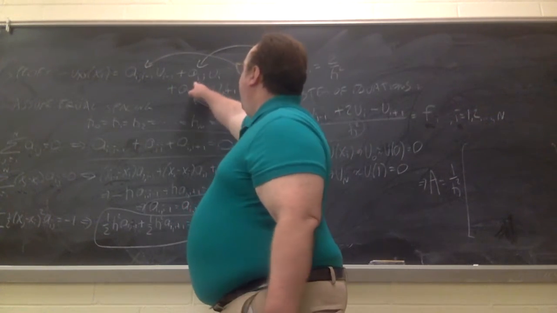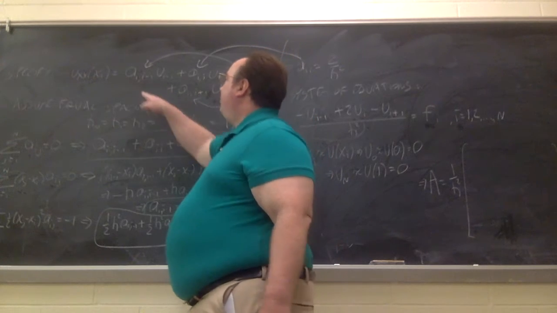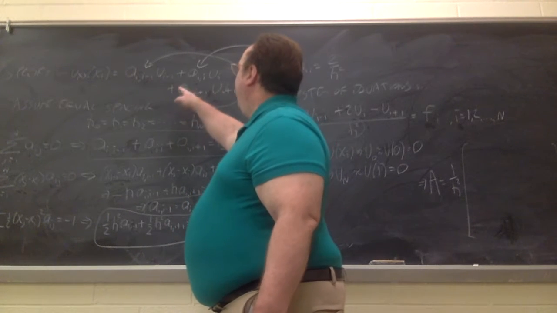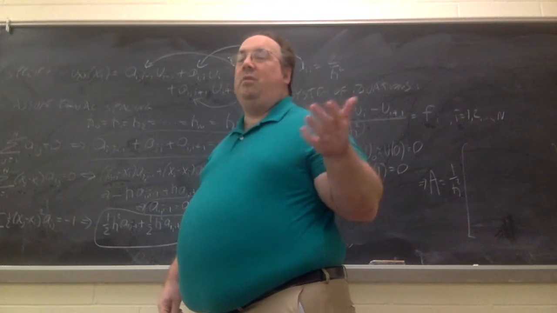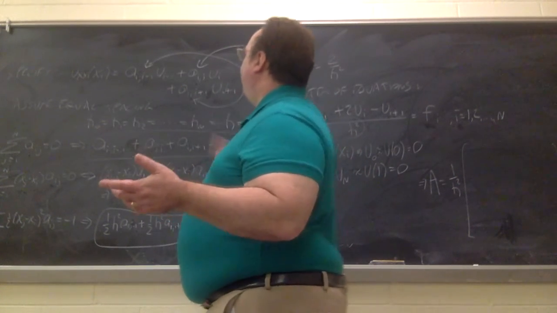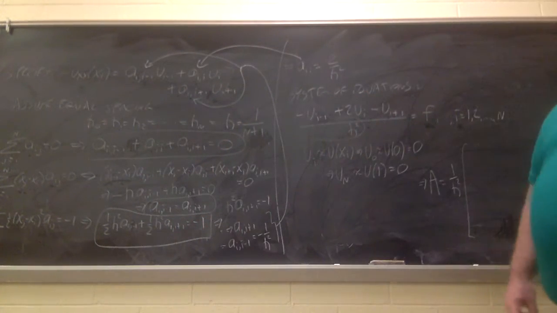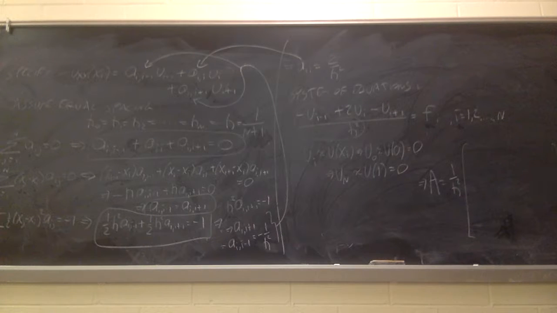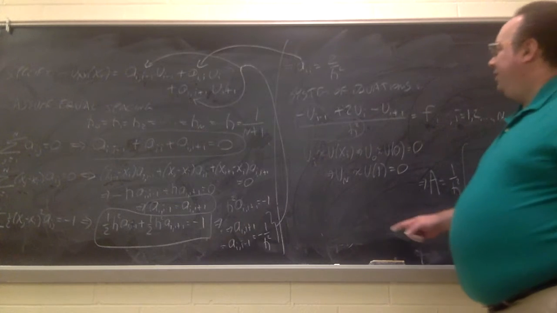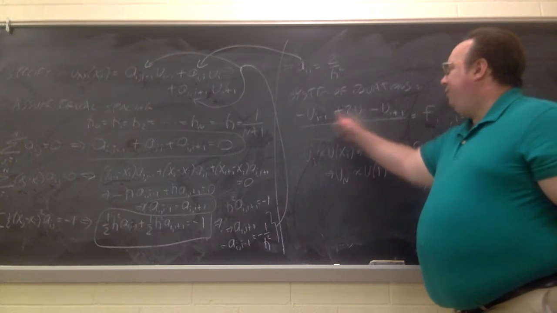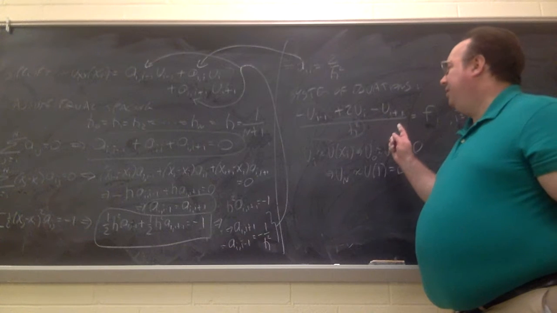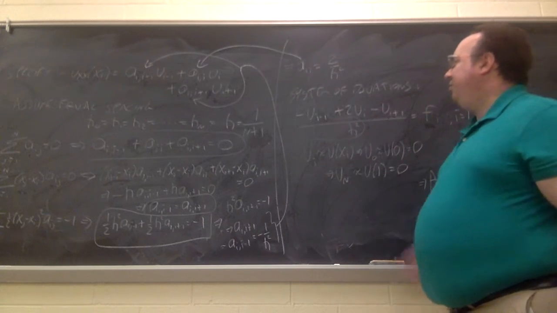I have A_ii, A_i,i-1, and A_i,i+1. The first index refers to a row, it's row i. The second index refers to a column, because it's showing what value from u you're multiplying by. So I have at most 3 non-zero entries in every row: -1, -1, and a 2.